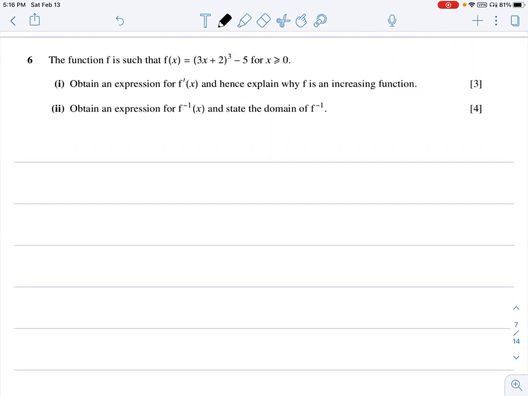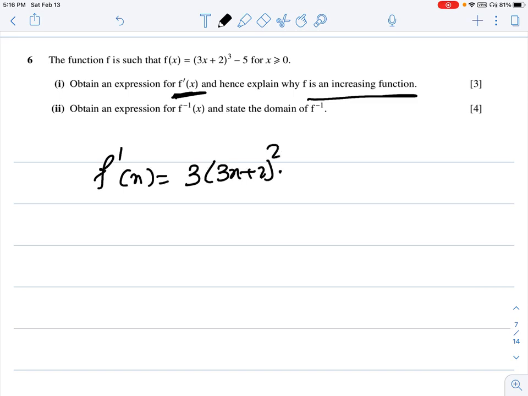Question number 6. A function is given, obtain an expression for f prime x and explain why f is an increasing function. F prime x means derivative. 3 times 3x plus 2 whole square times 3 minus 0. So which is 9 times 3x plus 2 whole square.